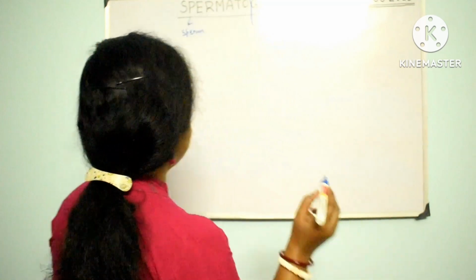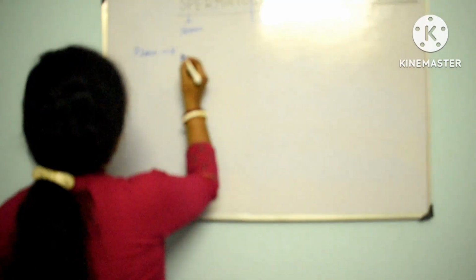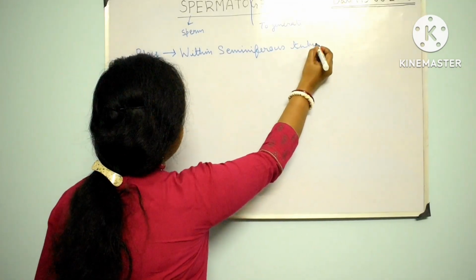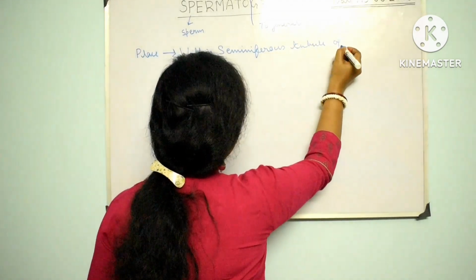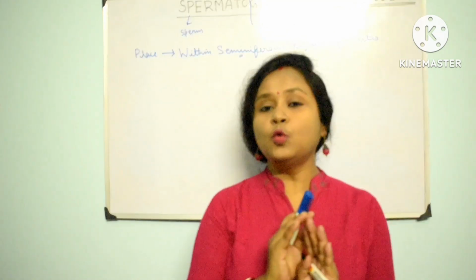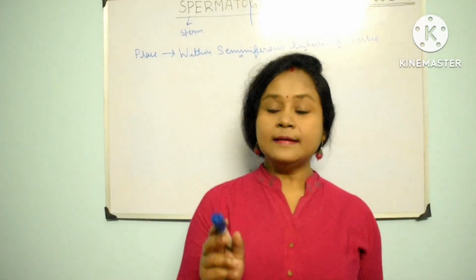The location is within the seminiferous tubule of the testis. Each testis has about 250 compartments called testicular lobules.